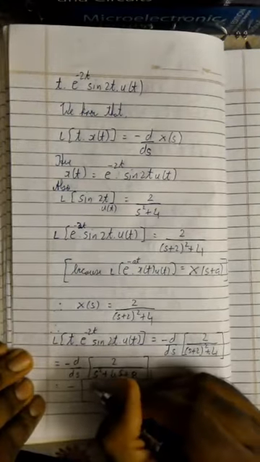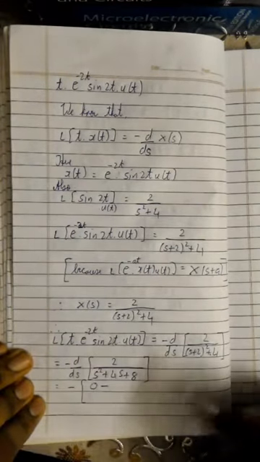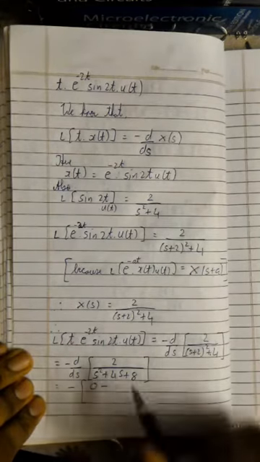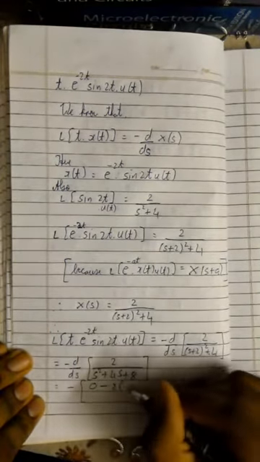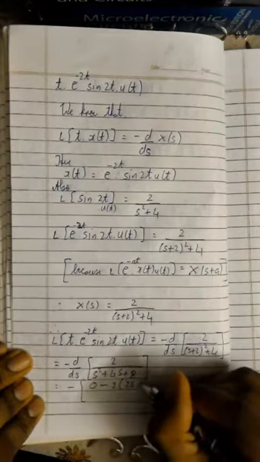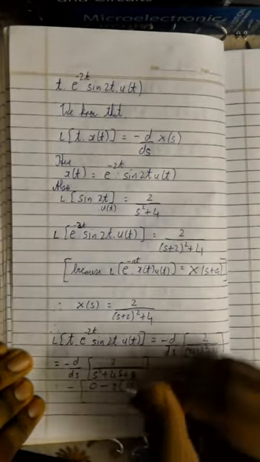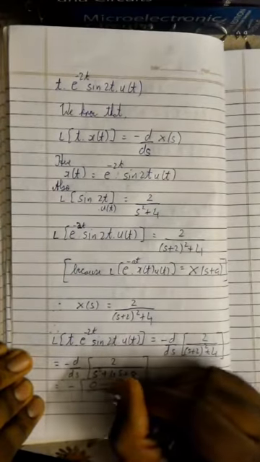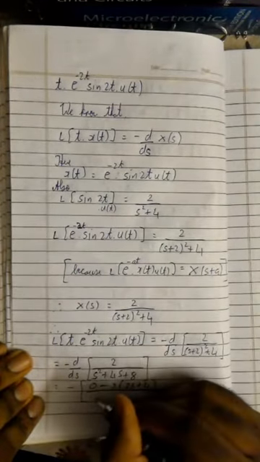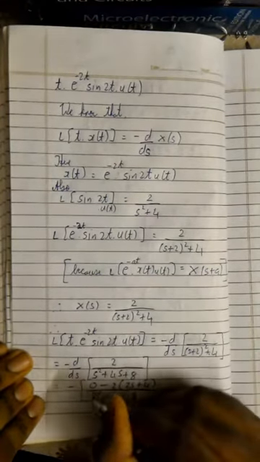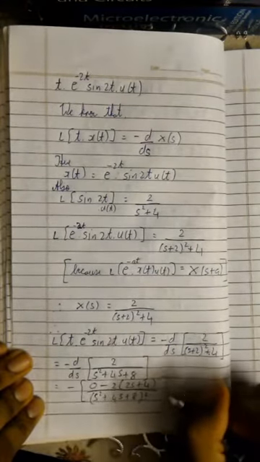So u is 2 into dv, and dv is 2s plus 4, by (s square plus 4s plus 8) the whole square.